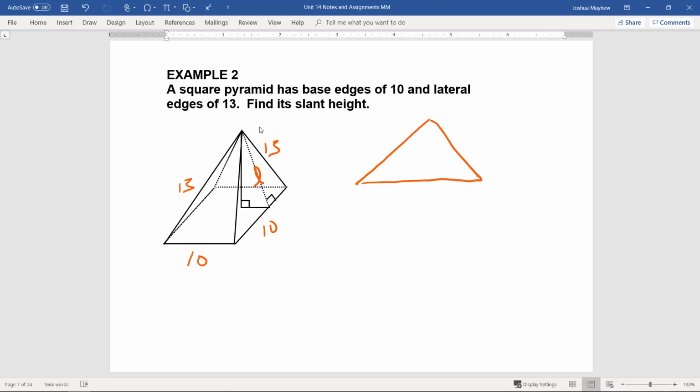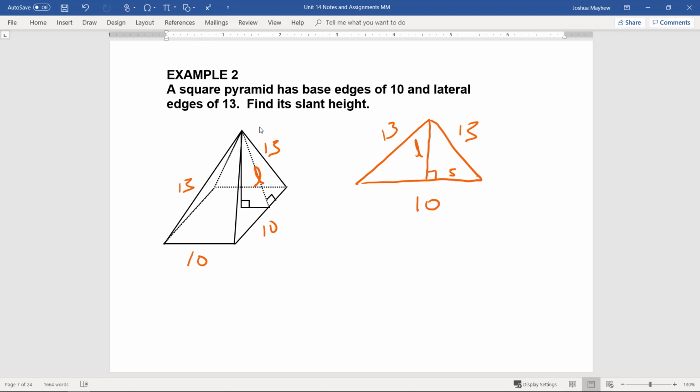I know this is 13 and this is 10, so it would represent a lateral face. I want to figure out what that slant height is. Since this is an isosceles triangle, the height of that isosceles triangle, which is the slant height, bisects that base edge. So this becomes 5.